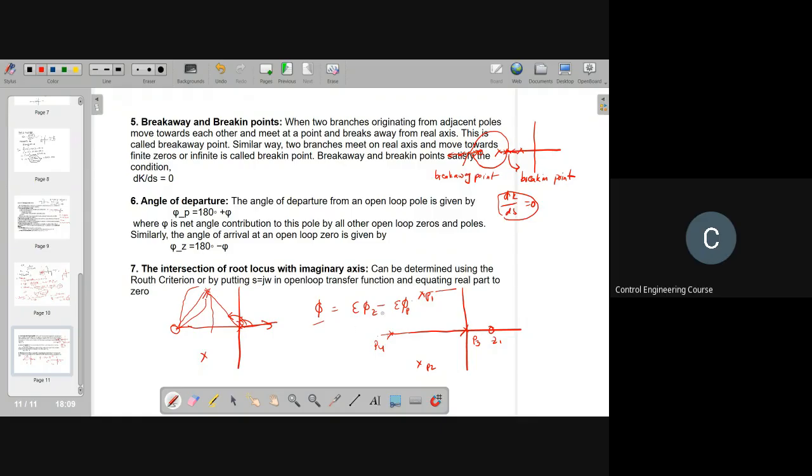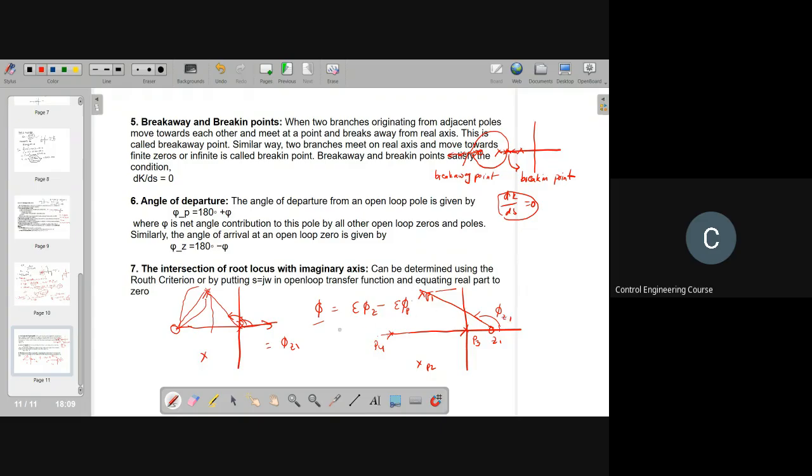Here there is only one zero, right? So this is phi Z1, the angle contributed by the zero to this pole. It should not be measured in this direction; it should be measured in this direction only. Okay, this is phi Z1.